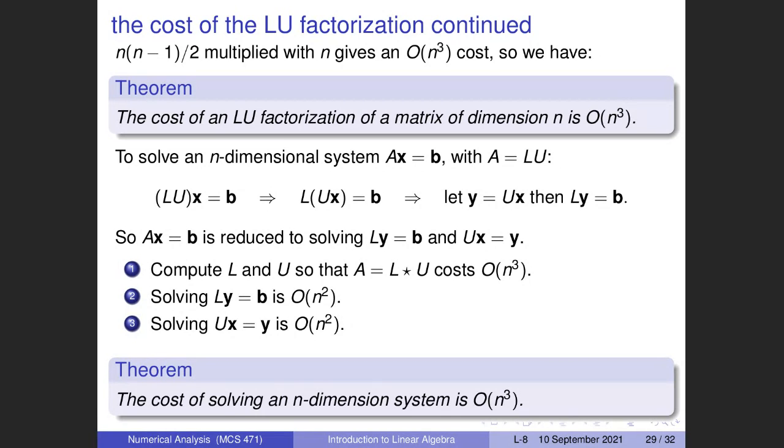Once you have an LU factorization, if you have to solve many linear systems with the same coefficient matrix but with a lot of different right-hand sides, then this formalism pays off. You save the expensive step of computing the L and the U. So in practice, if you have to solve many linear systems with the same coefficient matrix, this is a recommended practice.